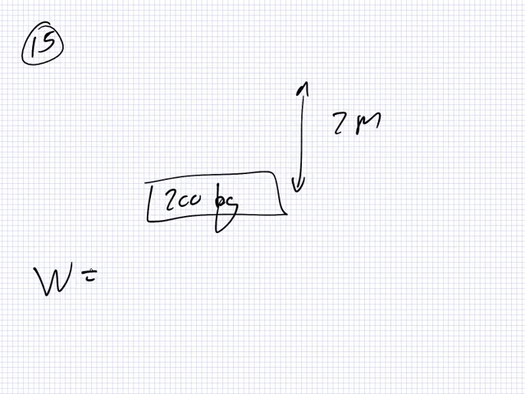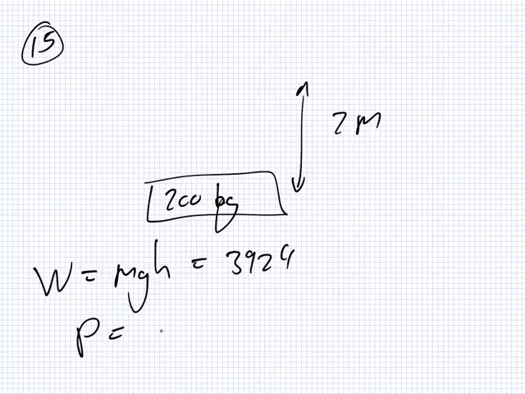Is this the same as the last question? No, that was 500. So the work is mgh, 3924. So what's the formula for power? Work over time.